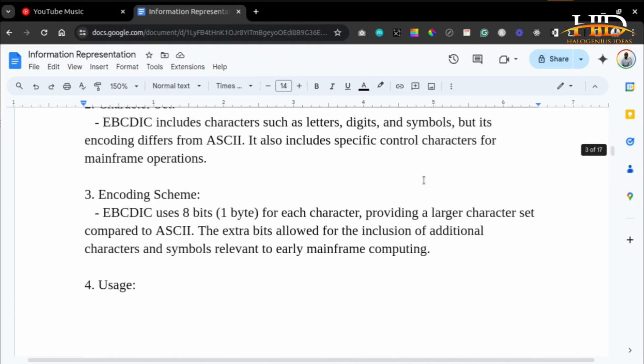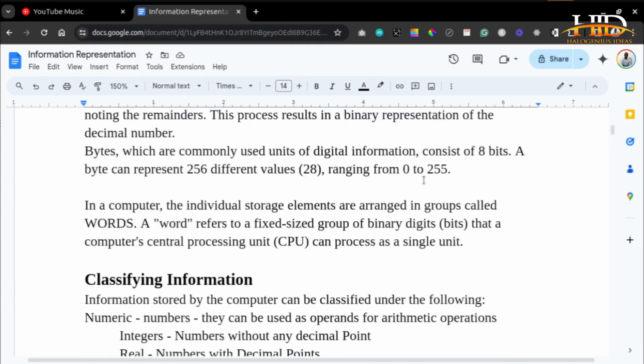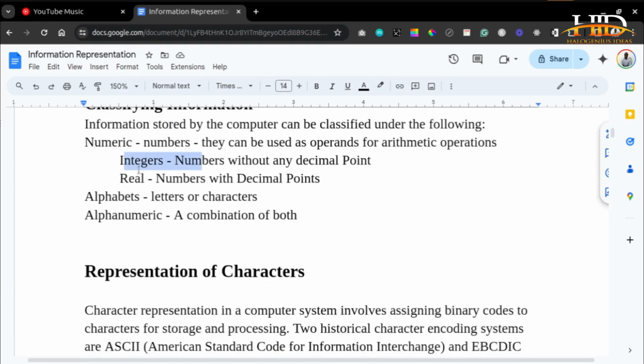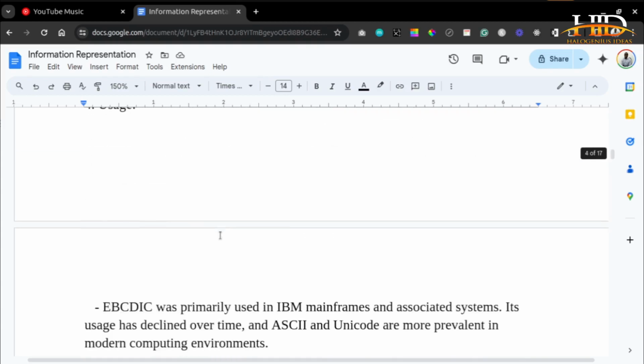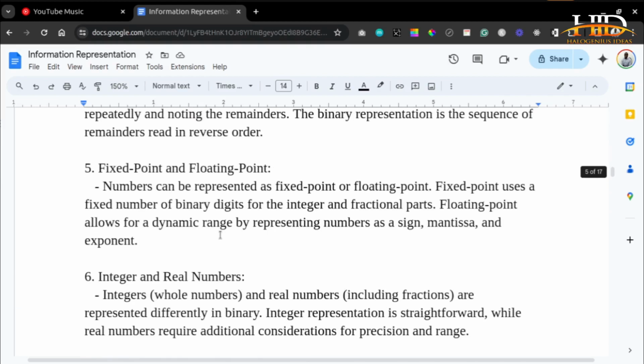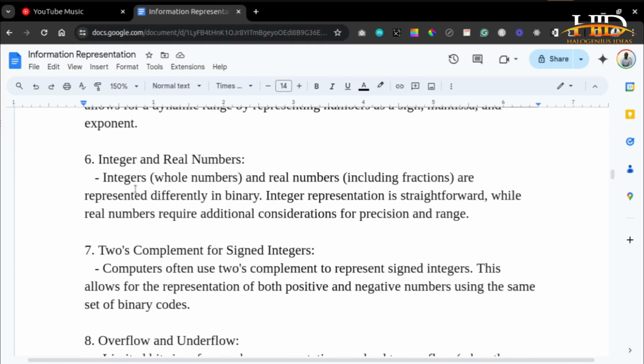Like I said, integers are numbers without any decimal points, while real numbers are numbers with decimal points. Integer representation is straightforward, while real numbers require additional considerations for precision and range.